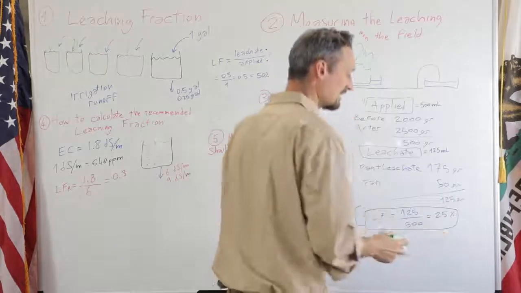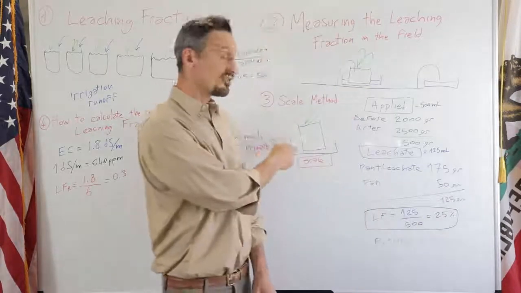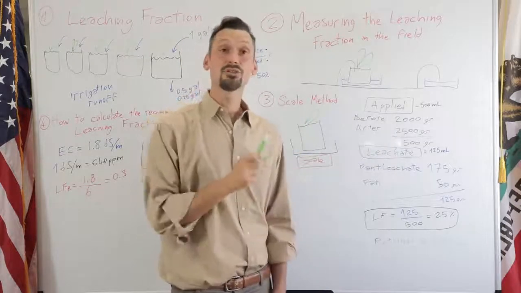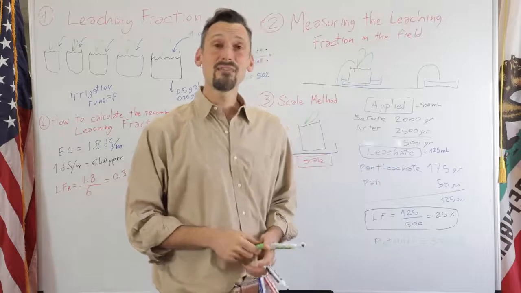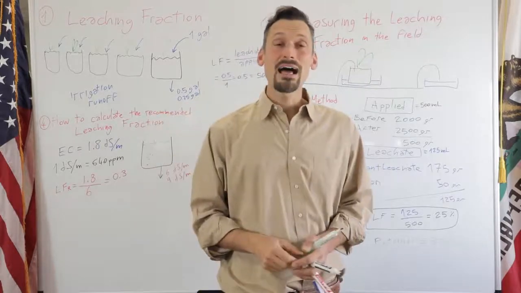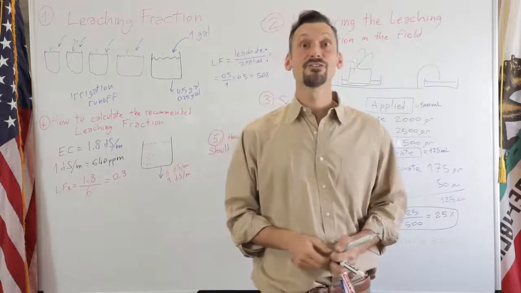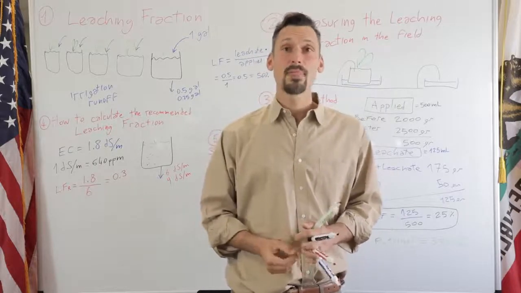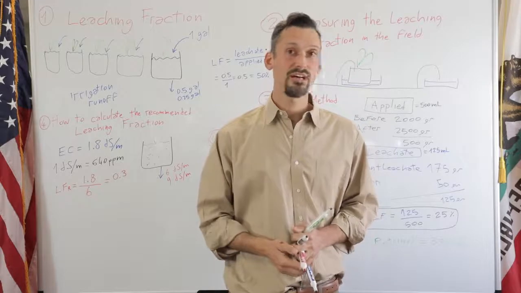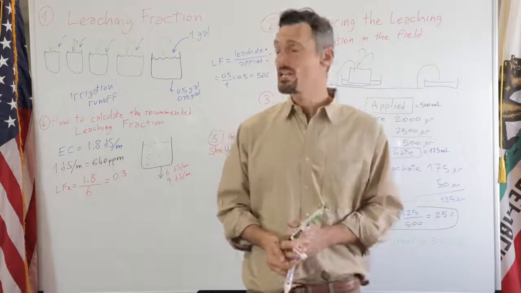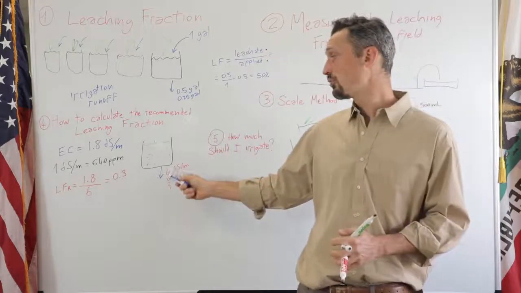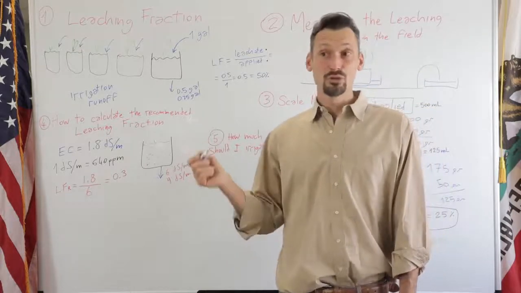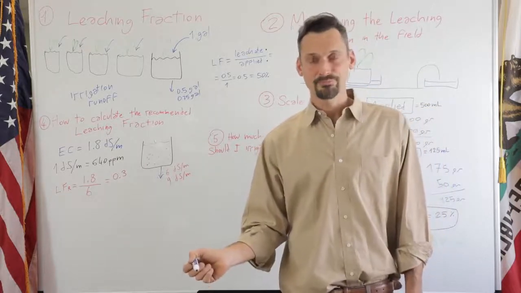So this is the quantity that the substrate retained, and this is the quantity that you should apply if you were applying a leaching fraction of 0. In other words, if your irrigation water had no salts whatsoever, then you wouldn't have to apply more water in order to leach those salts.